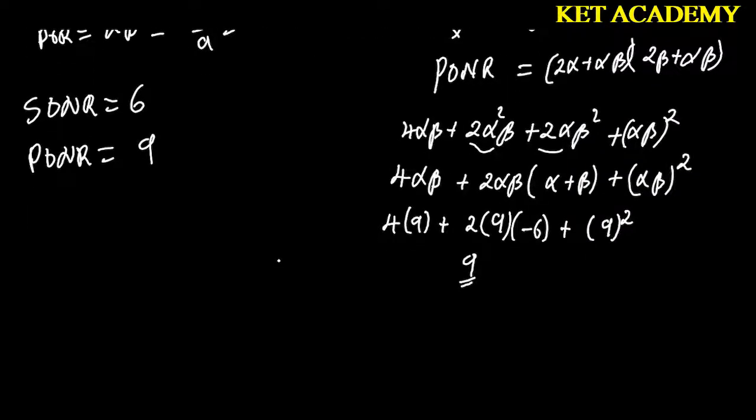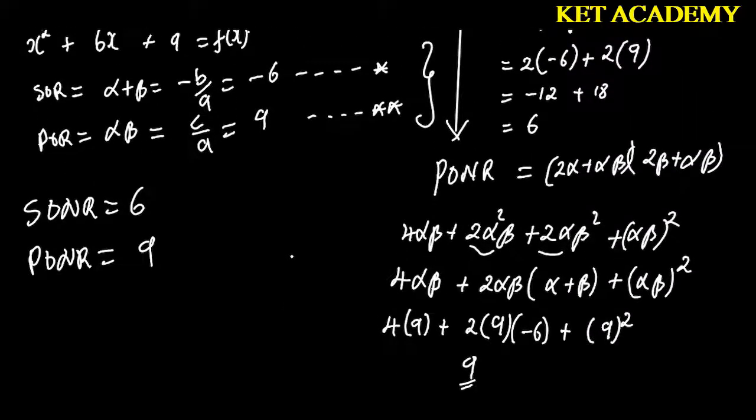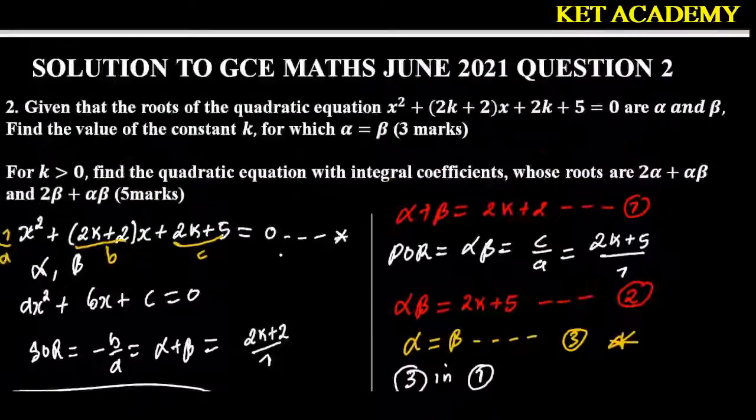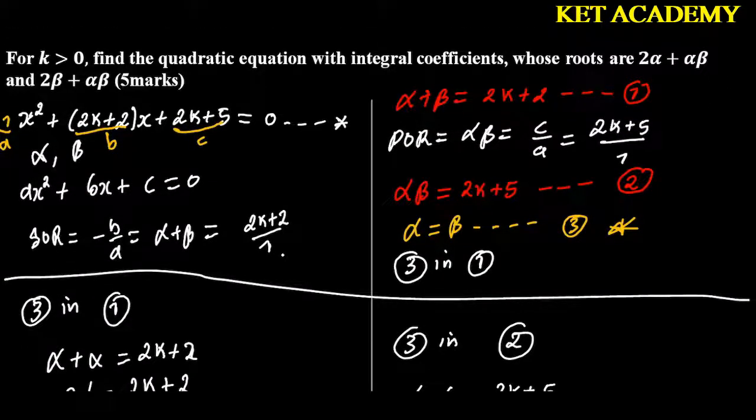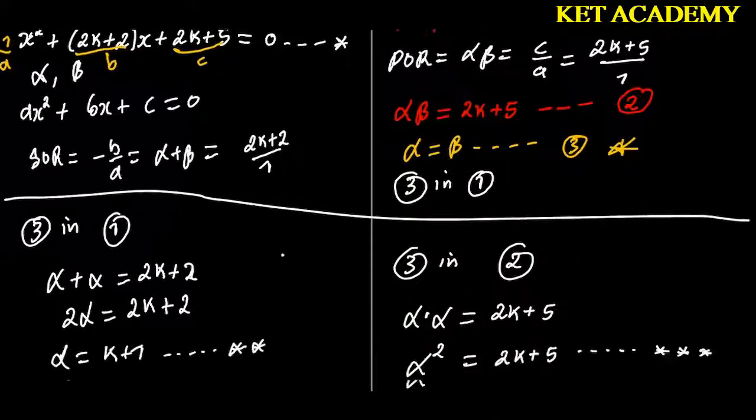Then forming our equation, because we were told that we need to form a quadratic equation whose integral coefficients are 2 alpha plus alpha beta and 2 beta plus alpha beta.